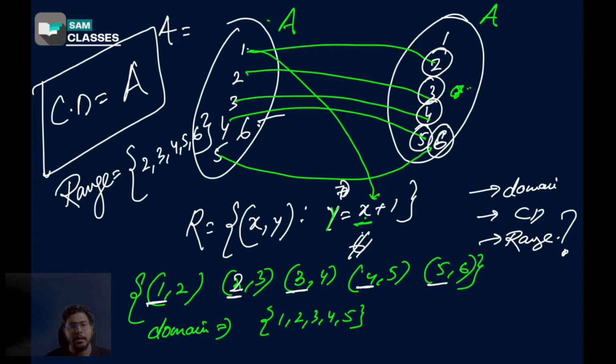How many people said 1 to 5? Heath, 1 to 5; Pavitra, set A; Basha, 1 to 5; unknown girl, domain. Okay, let's see. Come on, everybody, anybody else wants to answer? Put it fast.